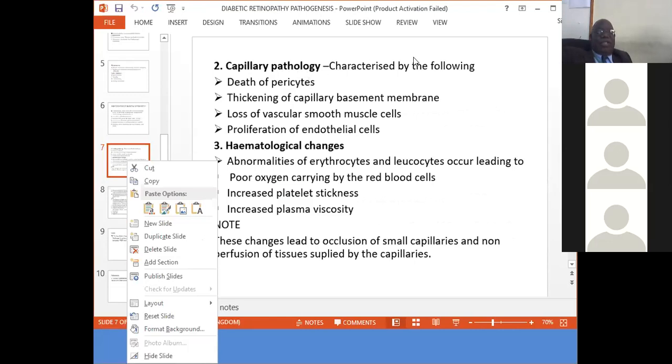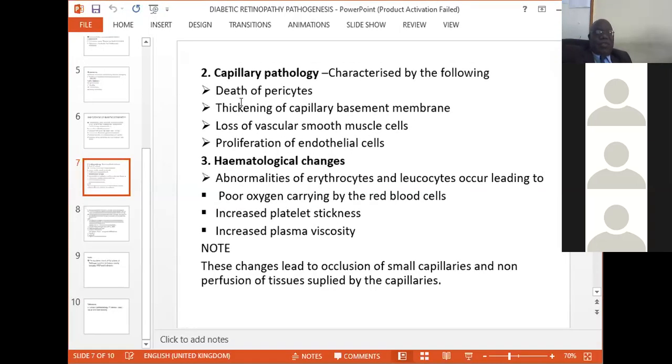Capillary pathology is characterized by death of the pericytes. These are cells which wrap around the endothelial cells, making a column; you have cells outside called pericytes. So these pericytes die, with thickening of the capillary basement membrane and loss of vascular smooth muscle cells. You also have proliferation of endothelial cells.